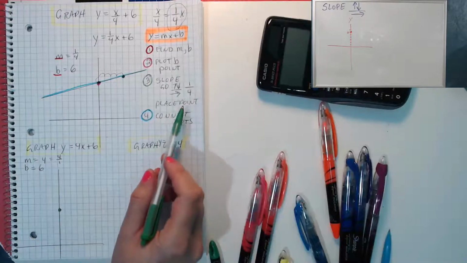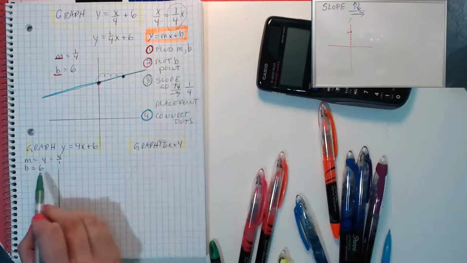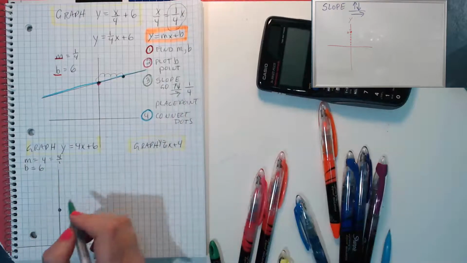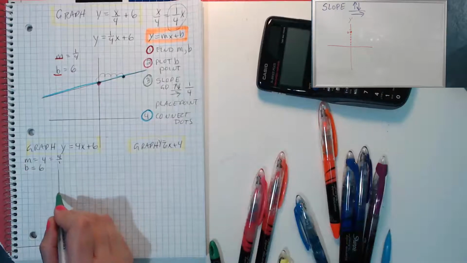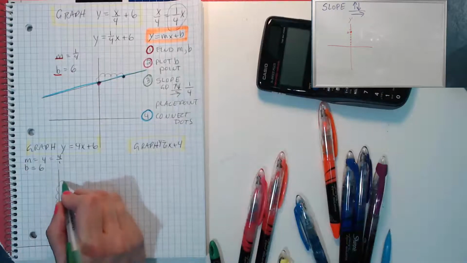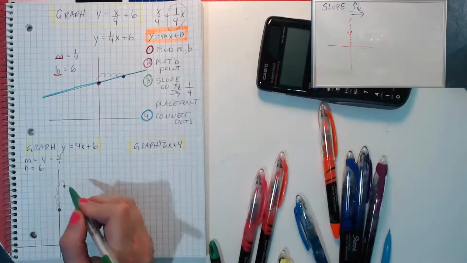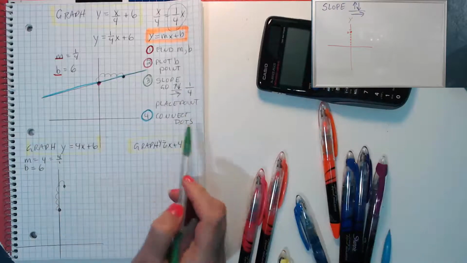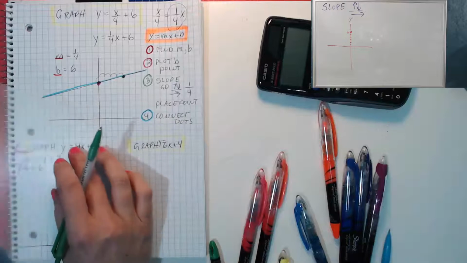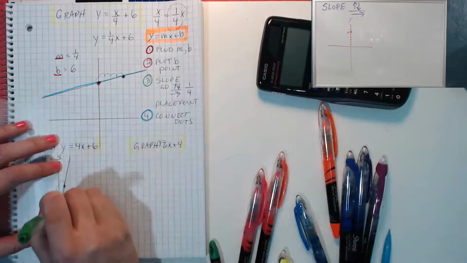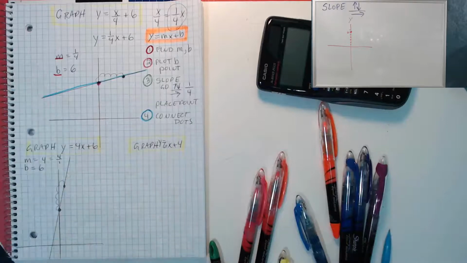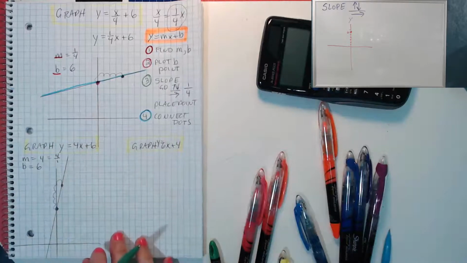Now the slope. The slope is 4/1, so it's up 4, 1, 2, 3, 4, to the right 1, and then connect the dots. Any questions on this one?